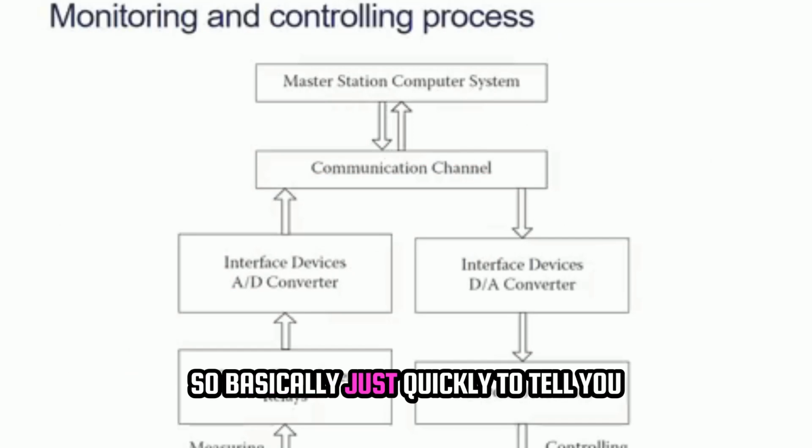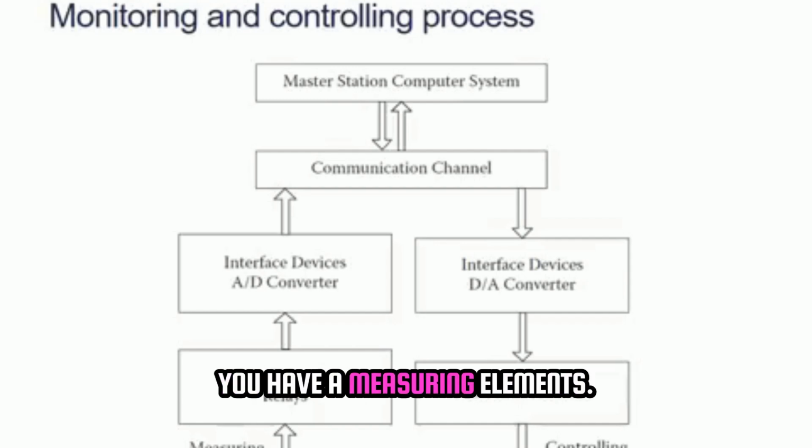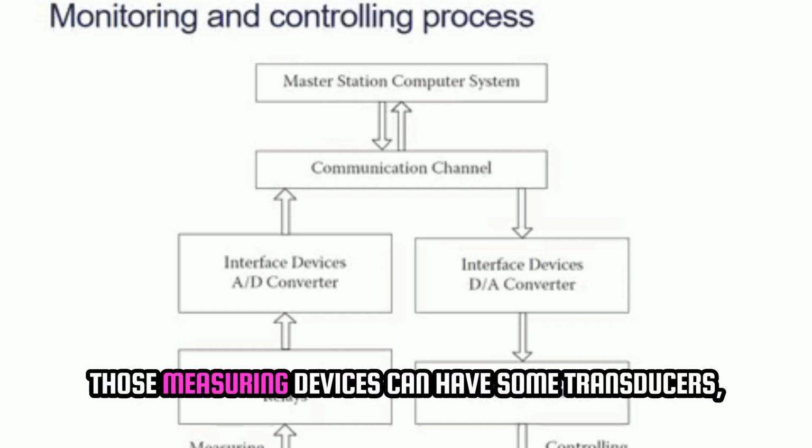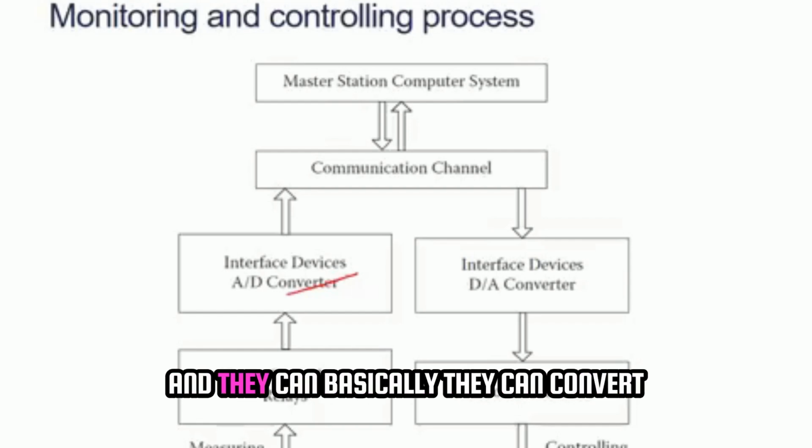Just quickly, in the diagram here you have a power system and measuring elements, meaning all the measuring devices. Those measuring devices can have transducers and AD interfacing devices or AD converters, which convert the signal they are measuring.